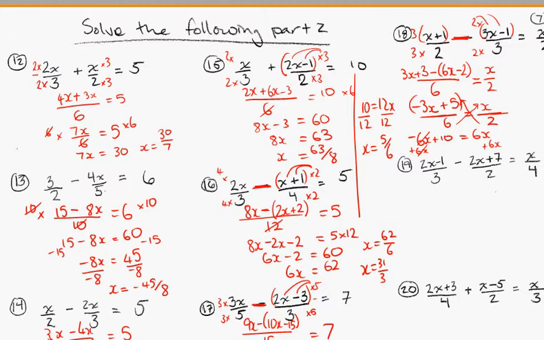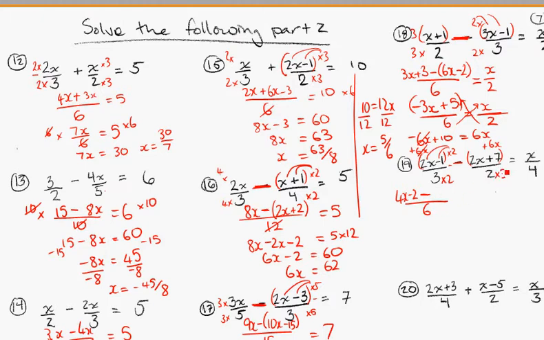Alright, number 19, and we're fast running out of space. A common denominator, let's put it all over 6. Multiplying, in that case, by 2 over 2 to get 4x minus 2. We've got a negative in there again, so it's a trap waiting to happen.